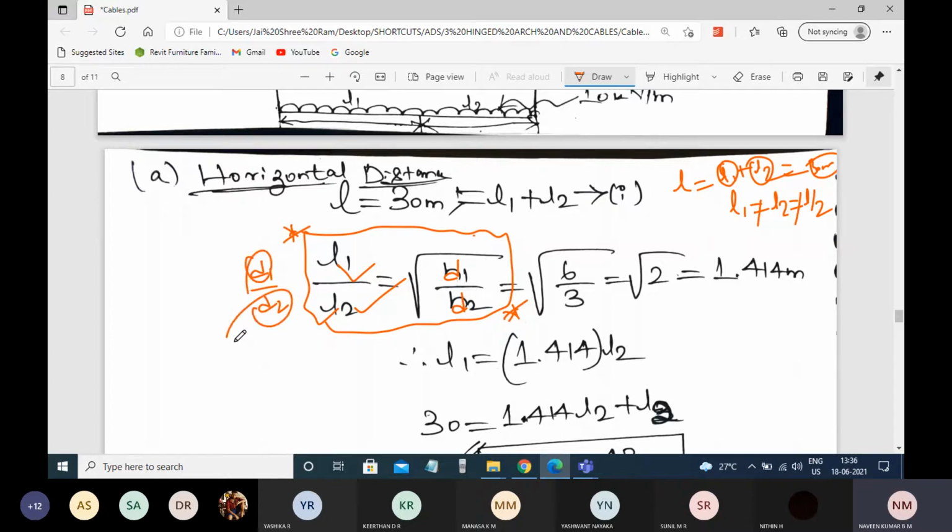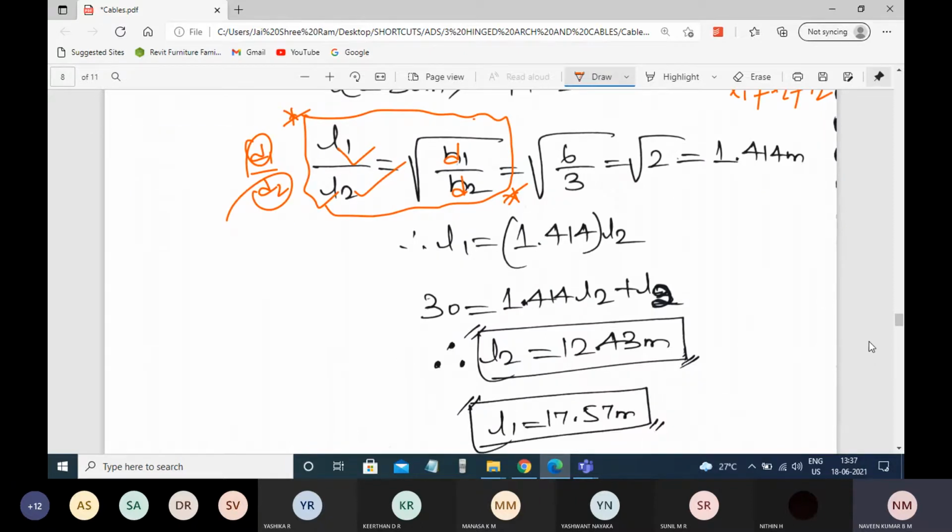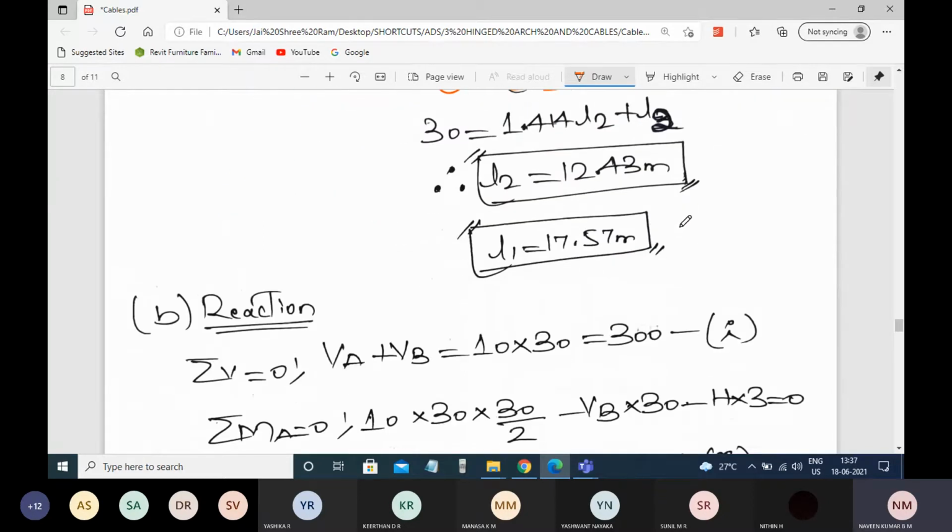D1 and D2 are the vertical dimensions from the support to the lowest point of the cable. Okay. So you'll get L1 in terms of L2. Then you know this L, so you can get L1 as well as L2. I hope you can calculate L1 as well as L2.